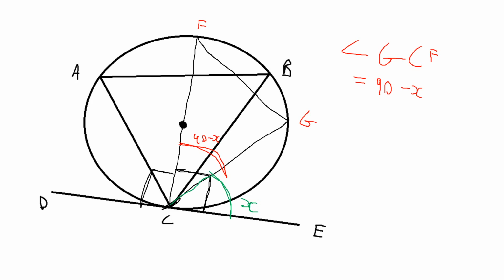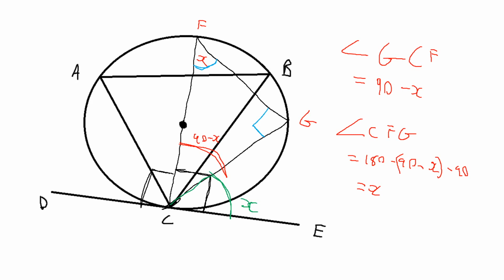But remember, this is a semicircle. So this is 90 degrees. So then what is this angle here going to equal? Exactly. That angle there is going to be equal to x. So angle CFG is going to be equal to 180 minus 90 minus x minus 90, which is equal to x.